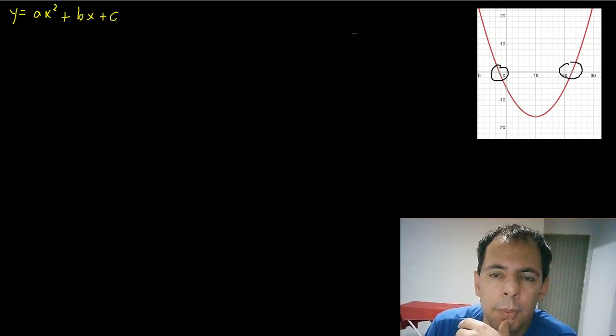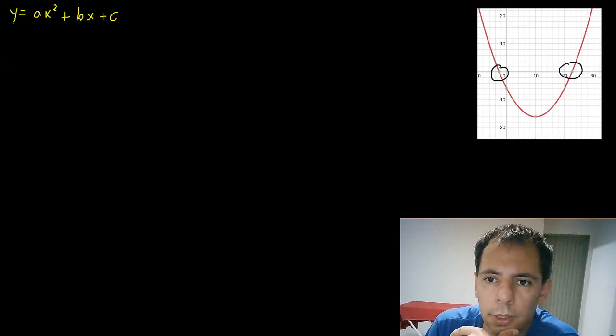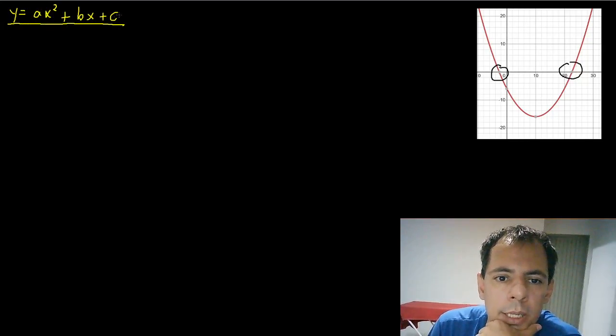And Bhaskara's formula, well, what defines a parabola? Let me just explain to you the function of a parabola. You have ax squared plus bx plus c equals y.